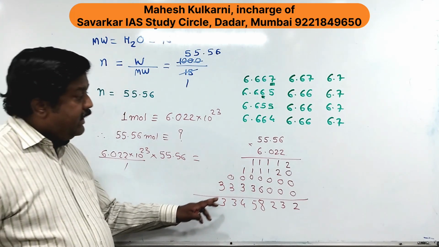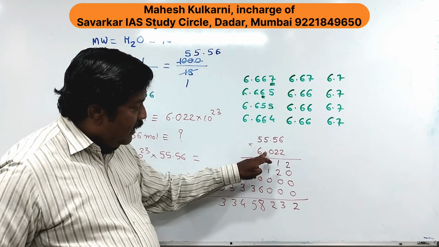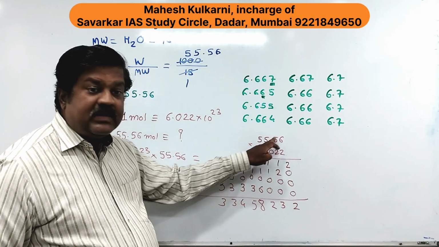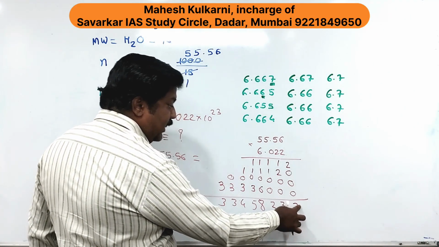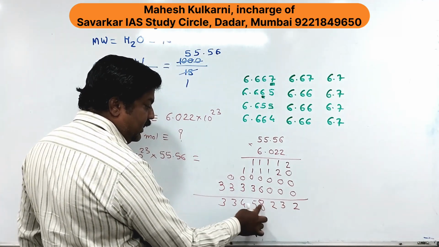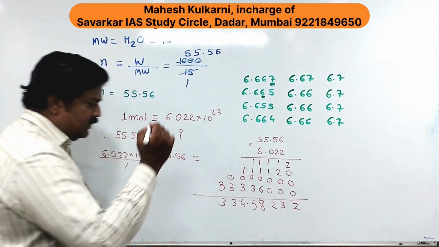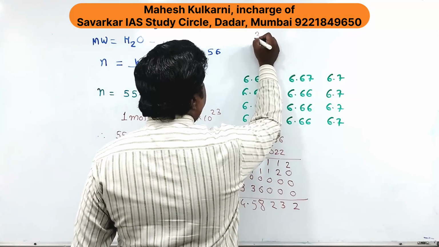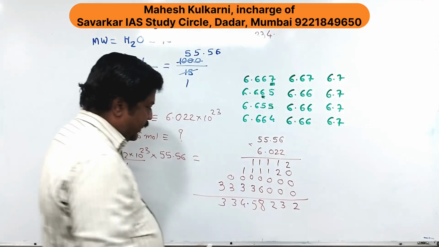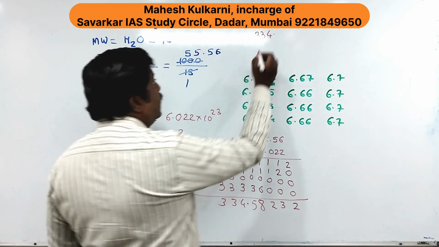And what is the rule? The decimal after summing: here after 3 places, here after 2 places, so the decimal should be given after 5 places. From here 1 2 3 4 5. So our answer, I will write here, is 334.58232.